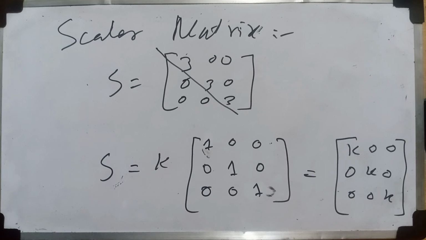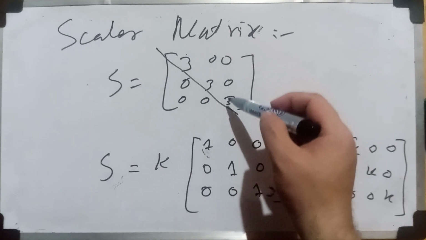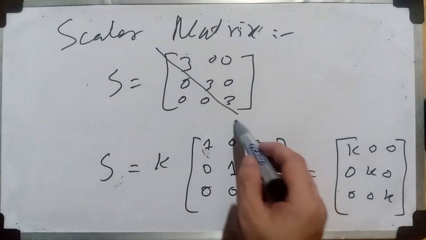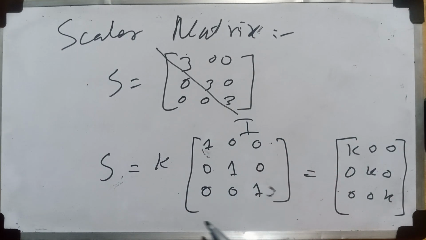If you are looking at this and thinking, I think we just saw this as an identity matrix, you would be right, because you can pull out the 3 from this here, and it will become an identity matrix here. Any matrix with the exact same number in the diagonal is a scalar matrix. So this is basically a multiple of an identity matrix.